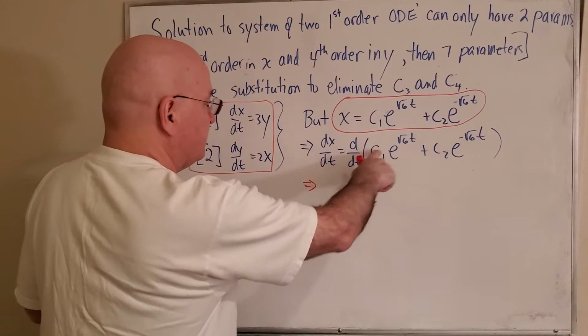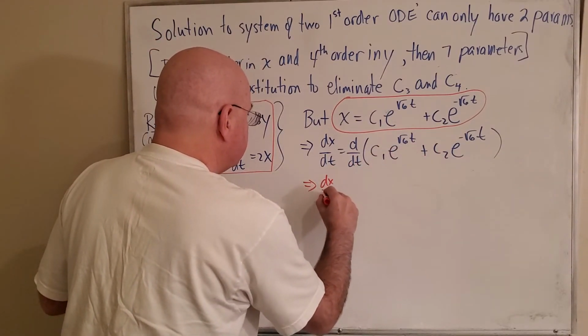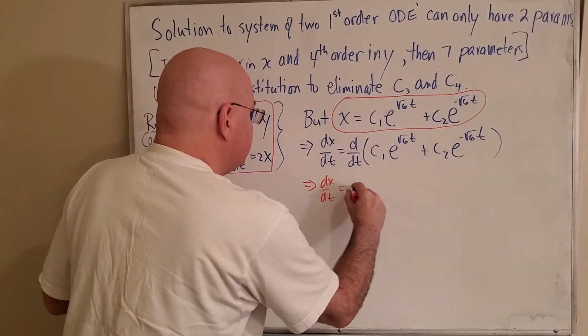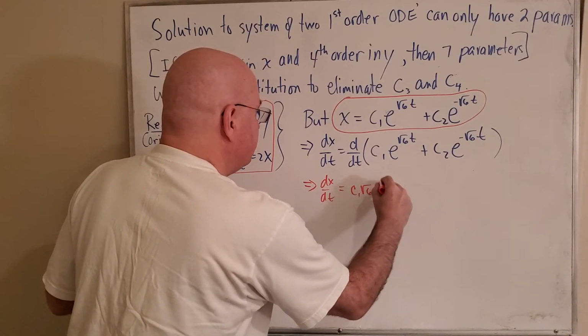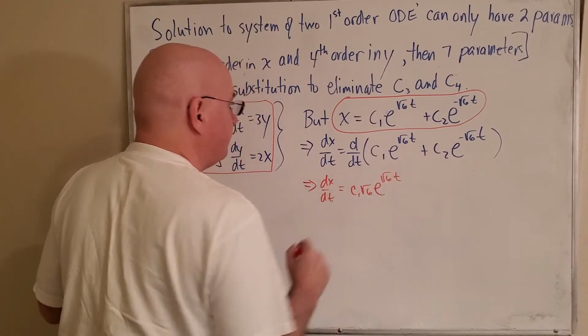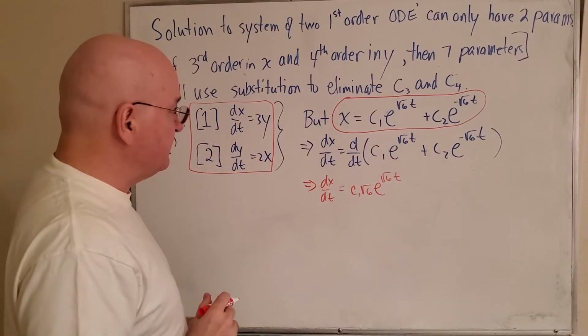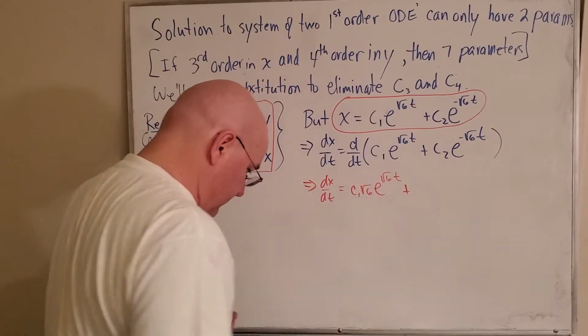So dx dt, let's see what this would be. Let's work this out. dx dt equals c1 radical 6 e to the radical 6t. I think I did that right. If you differentiate this, you have to multiply by radical 6 plus, actually it would be a minus, wouldn't it?